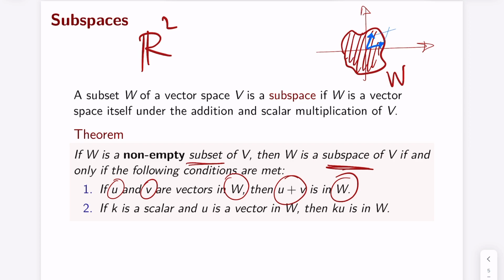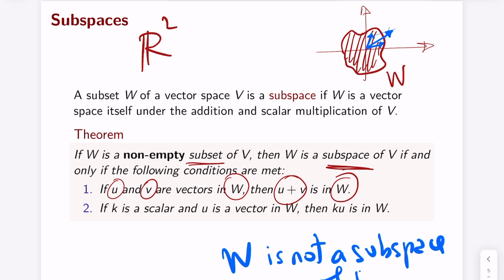We proved that W is not a subspace, because already the addition is not closed in the space.